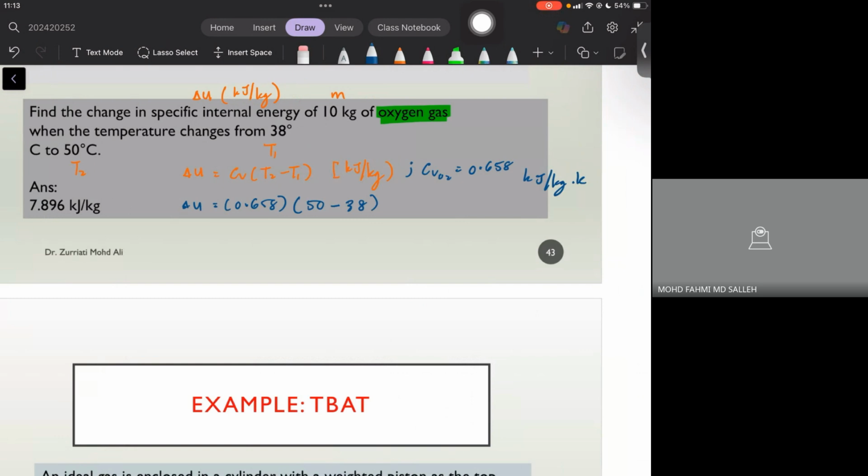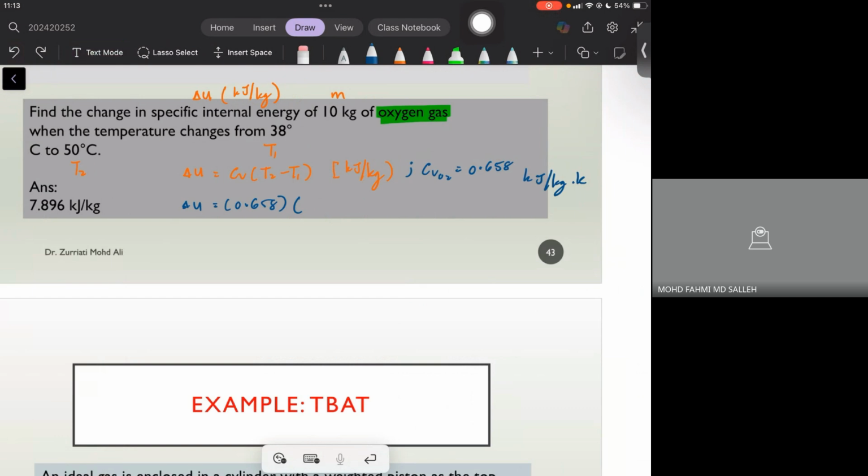Okay, so you can either use degrees Celsius or Kelvin, but if let's say you want to be consistent, then you need to convert these first into Kelvin.